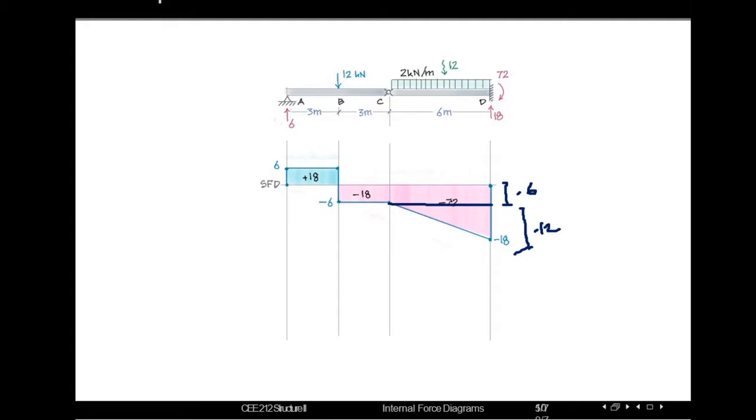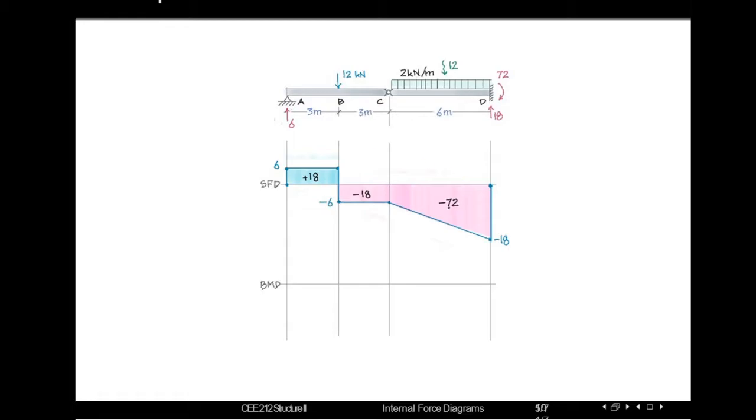Now we can see minus 6 into 6, which is minus 36, and minus 12 into 6 into half, as this is a triangular one, which means another negative 36. If we add negative 36 and negative 36, we will get the value of minus 72. So in this way we can also calculate the value of this area.